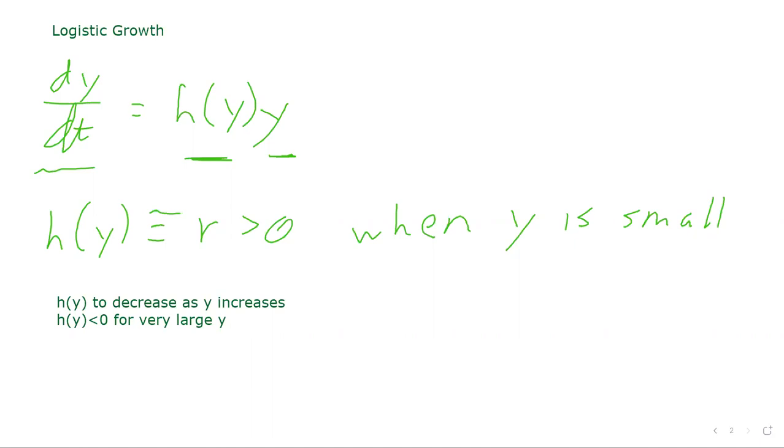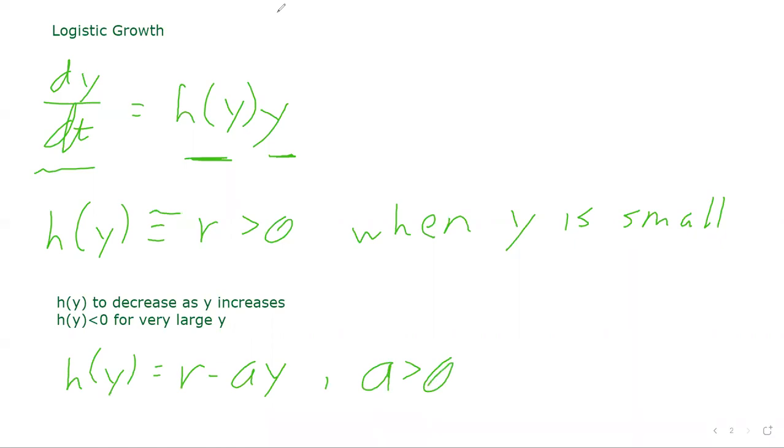Now, one example that we can do with this is that we can let our h of y equal r minus ay, with our a being a positive number.